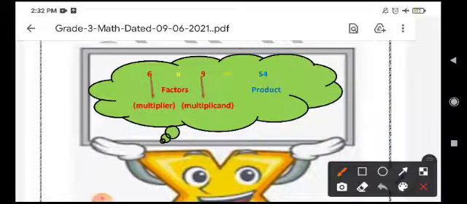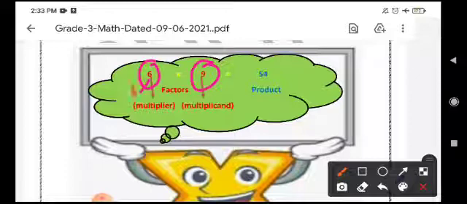Now, let us learn something about the factors. We all know here 6 and 9 both are called factors. But here the individual factors are named as multiplier and multiplicand. The first number that you see here is the multiplier.